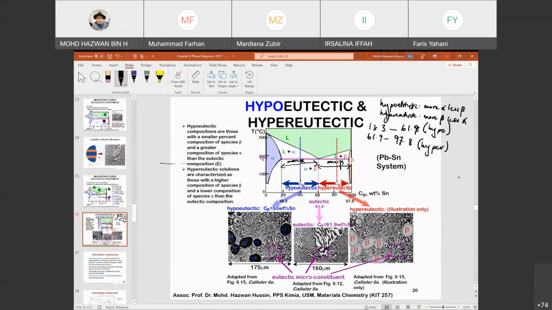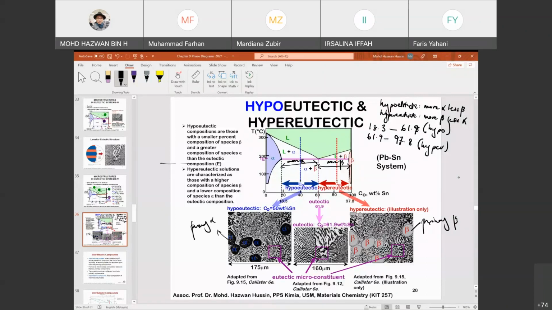So if I ask you about the microstructure, you can see these two resemble each other almost the same, except that this one has primary beta, and over here you will see primary alpha.